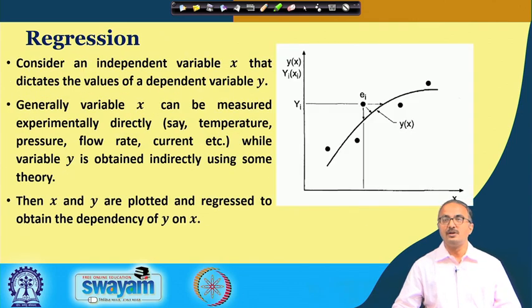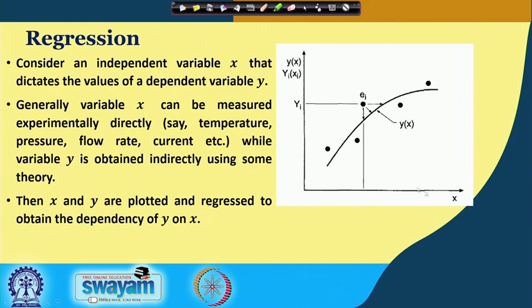Now, here we show how we represent it mathematically or graphically. Let us see that we have two variables, x and y. X is what dictates the values of the dependent variable y. So, x is taken to be the independent variable and y is taken to be the dependent variable. Generally x can be the measured variable.